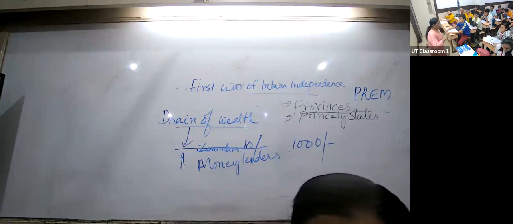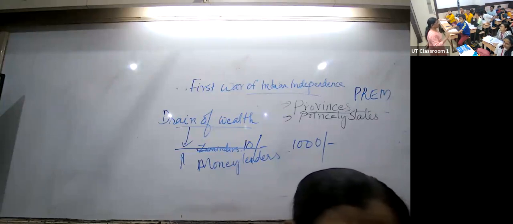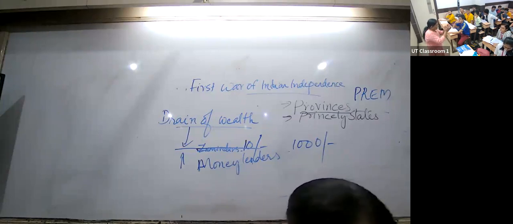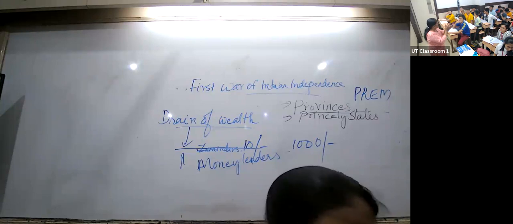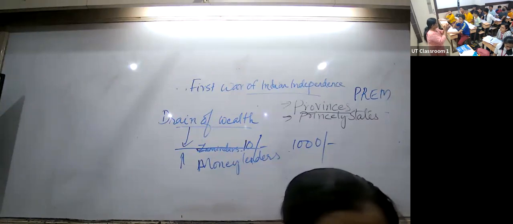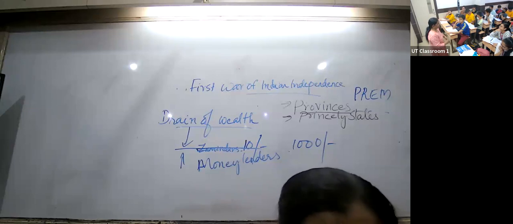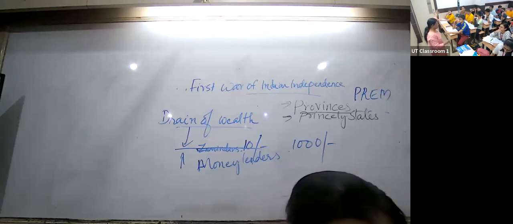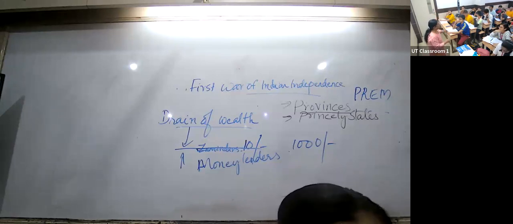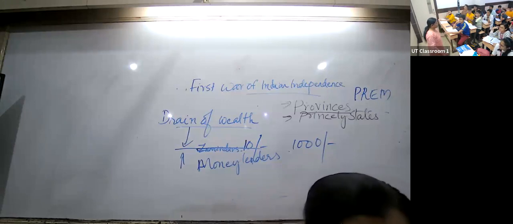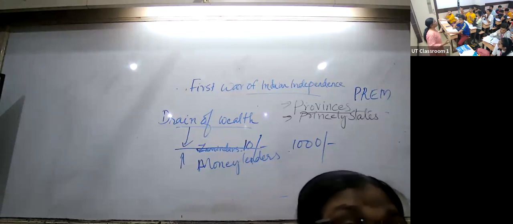So, if I decide to join Pakistan and my kingdom is in the central part of India, what would be the condition? Pakistan would rule from Pakistan into India, and people would be coming every day. Isn't it? That was a major problem.